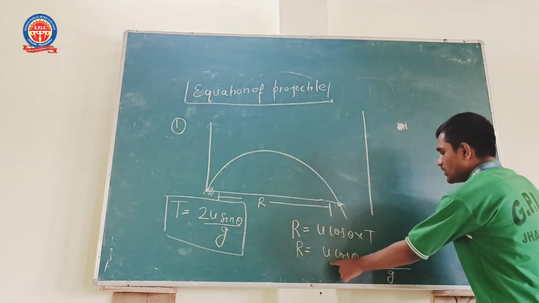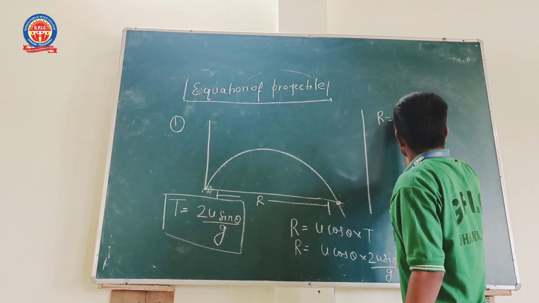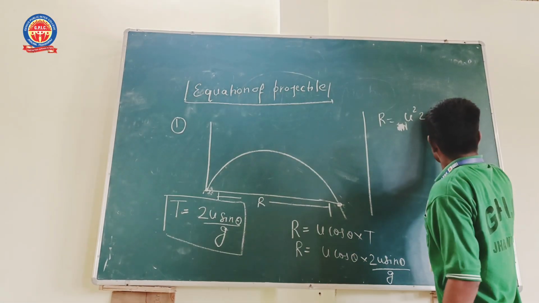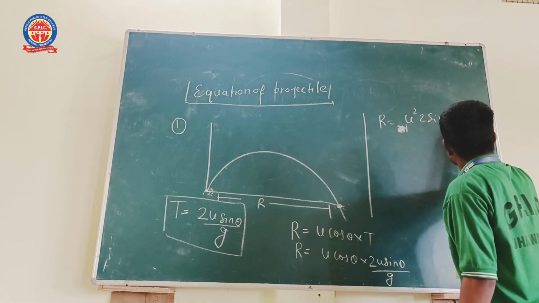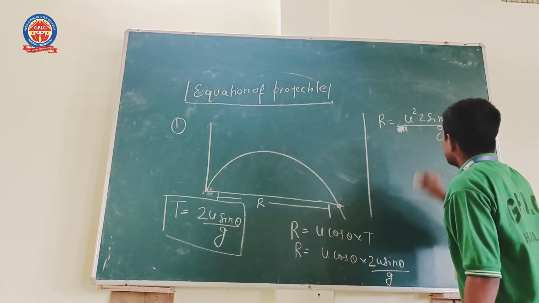Further, R is equal to u square 2 sin theta cos theta upon g.